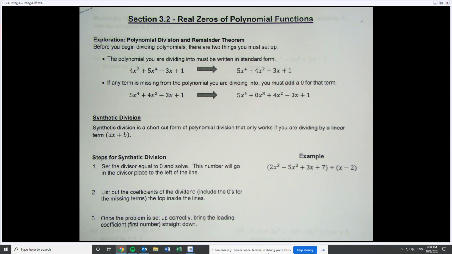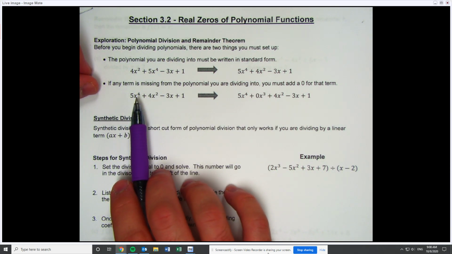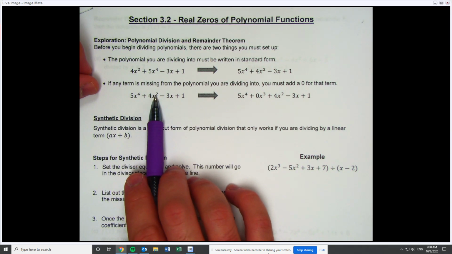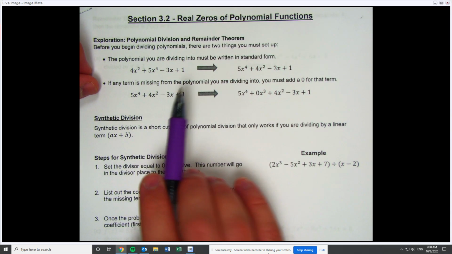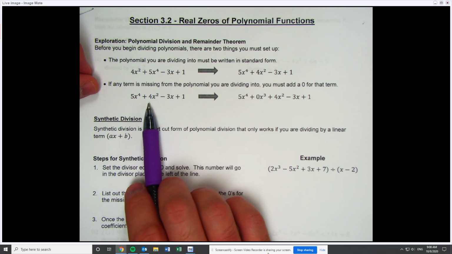The next piece, though, is very, very important and easily missed. Any exponent that is missing for an x, you have to fill it in with a 0. So what I mean by that is, looking at this right here, I have exponents 4, 2, 1, and none. Well, I have to fill in x to the third, which is missing right here.